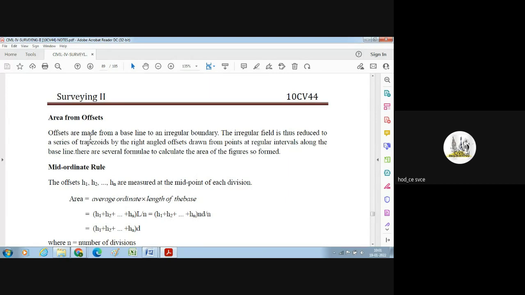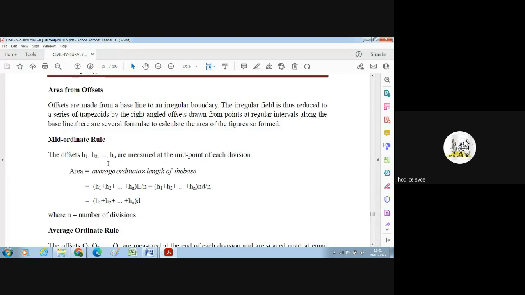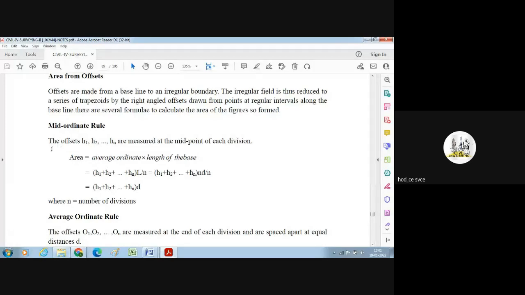Next, coming to the formulas, how we are going to calculate the area for the different sections. In our laboratory we have calculated the area for irregular sections, right?